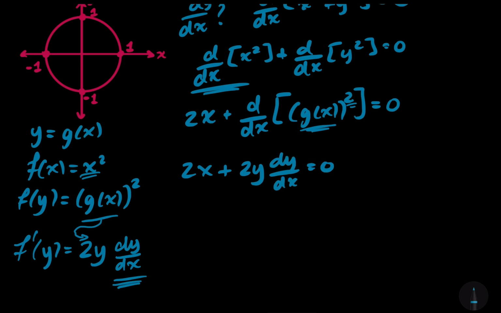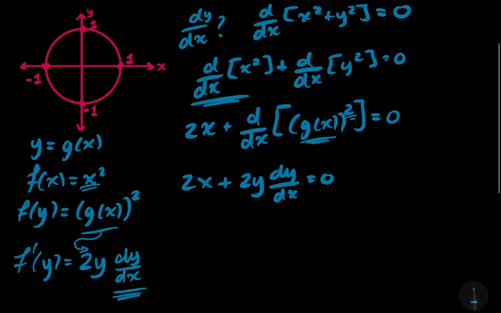So essentially all that we did here is use the chain rule. We took our function y and input that into an outer function, which was x squared, and then used the chain rule to determine an expression for the derivative with respect to x of g of x squared. Now all that we need to do is solve for dy by dx, because then we'll have an expression for our derivative.